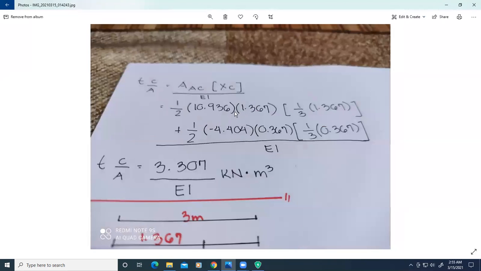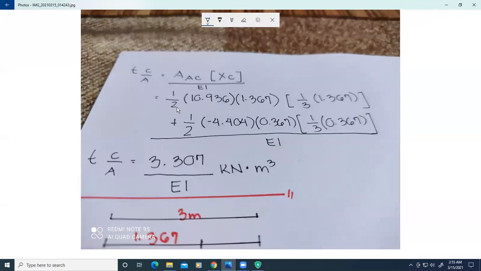next. Now we can solve the deviation from A to C. So it is equal to the area from A to C times the centroid to point C over EI.